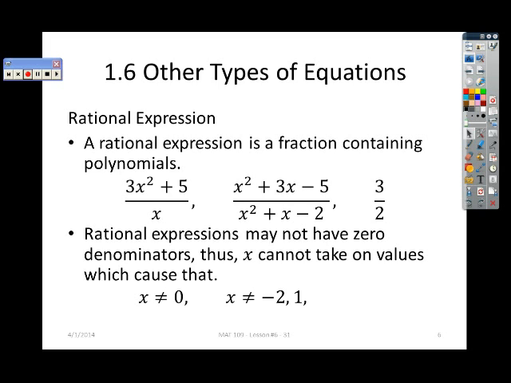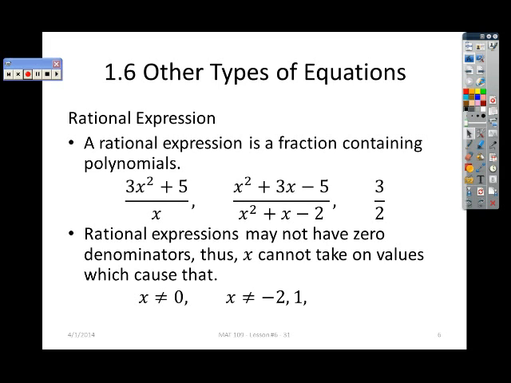For this one, we can't let x equal -2 or +1. Either one of those will make this denominator 0. So those are values that are not allowed. Where that's going to affect us is when we start having equations that have these rational expressions in them.